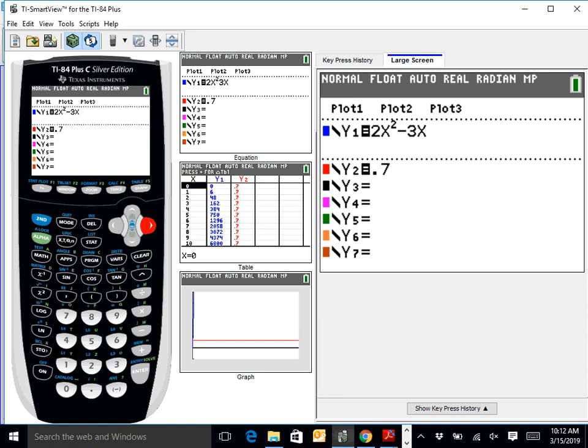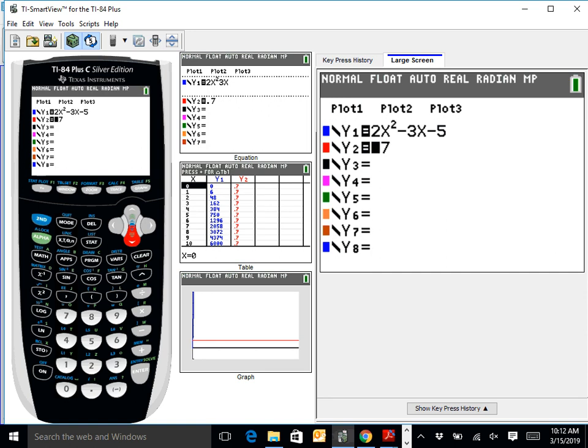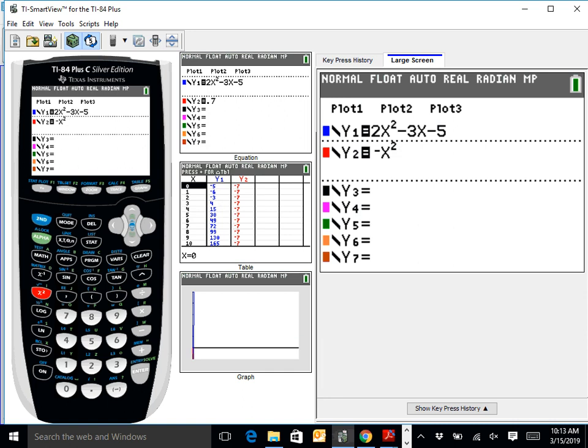That's my f. My g then is negative x squared plus 5x plus 1. Okay. I don't know exactly where these functions are going to show up, so I'll just hit zoom 6 to see what we got.